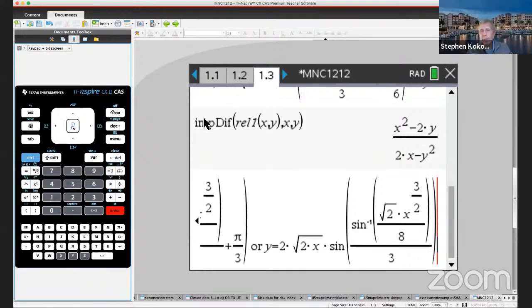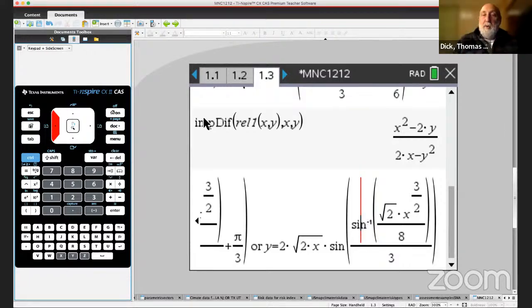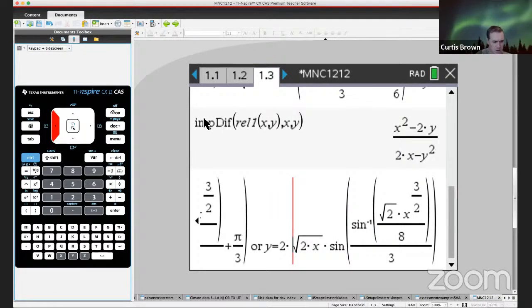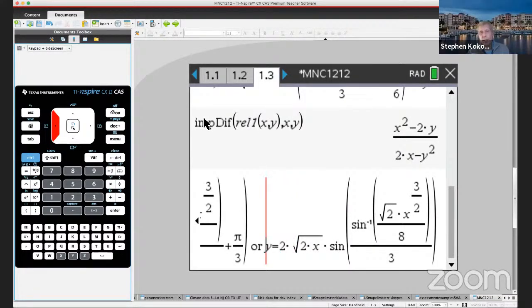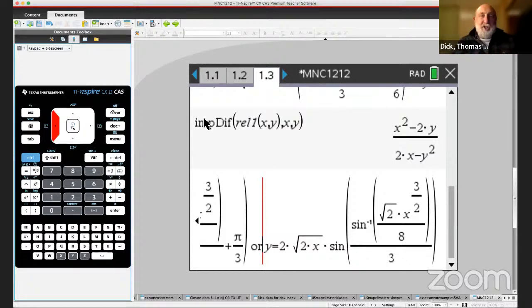Tom, would you do me a favor? Would you arrow over on that line slowly? Because it almost looks to me like there are 3 expressions for y there. Oh, I think you're quite right, Steve. I think there are 3 different solutions here. Are you sure? I only saw 2. Well, the reason I say that is one of them had a pi over 6 inside the parentheses, and I'm seeing on the tail end of this one a pi over 3.